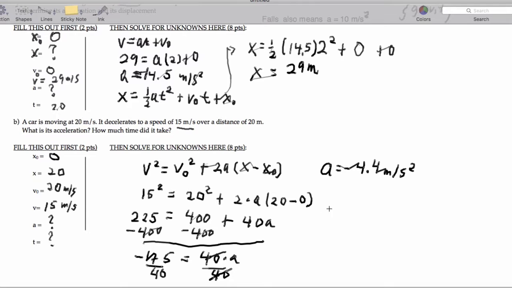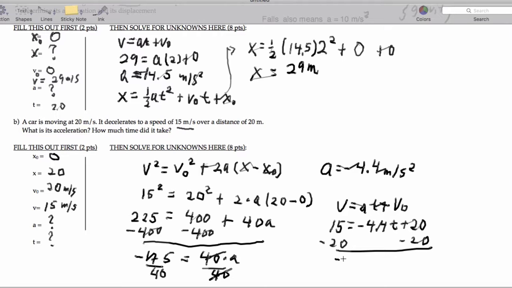And the time it takes, let's use v equals at plus v naught. So that's 15 equals negative 4.4 times t plus 20. That's going to give us negative 5 equals negative 4.4 t.